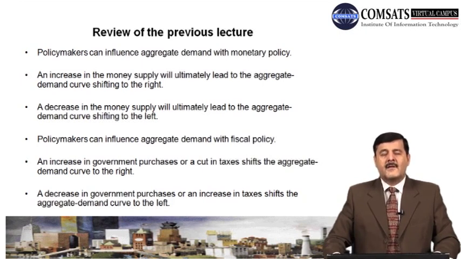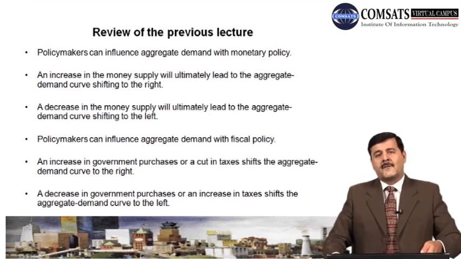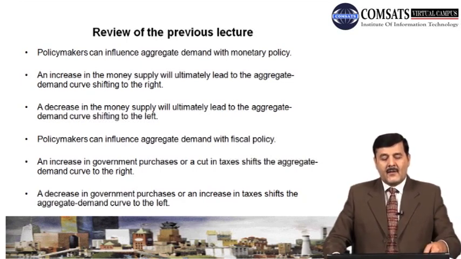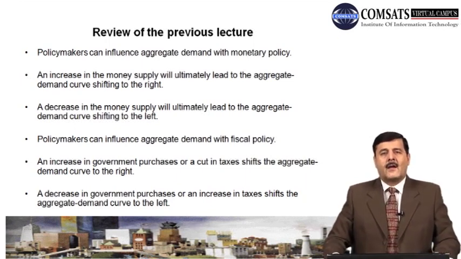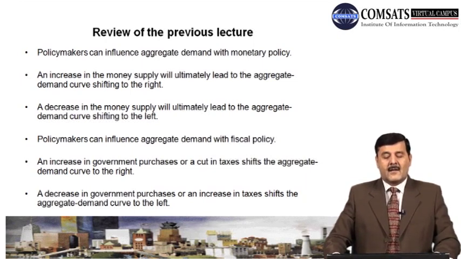We have also learned that the government can influence the aggregate demand by fiscal policy. Fiscal policy has two tools, as we learned. One tool is government purchases, the other tool is taxes. So the government can adopt any of the tools and bring changes in the aggregate demand. In the previous lecture we only talked about government expenditure, how a change in government purchases affects aggregate demand. An increase in government purchases or a cut in taxes shifts the aggregate demand curve to the right.